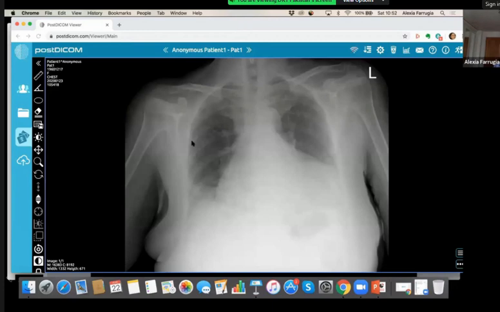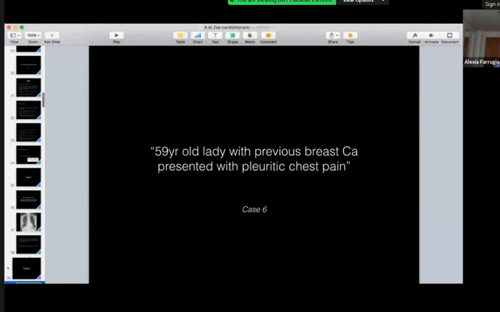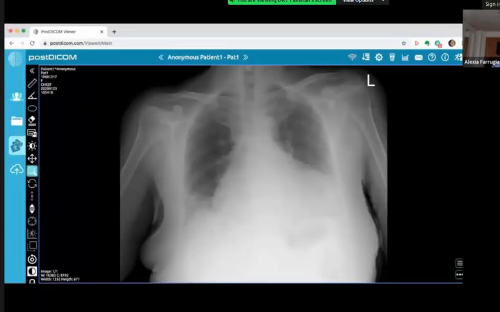So I'll give you the history. It's a 59-year-old lady who had previous breast cancer, and she presented with pleuritic chest pain. So we did a chest x-ray first, and then we'll take it from there.